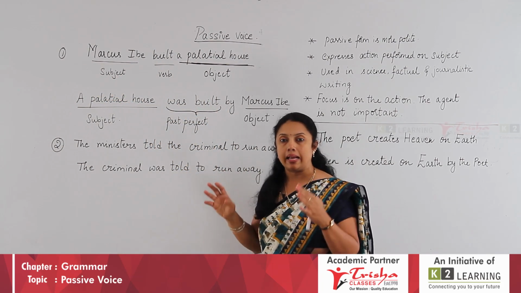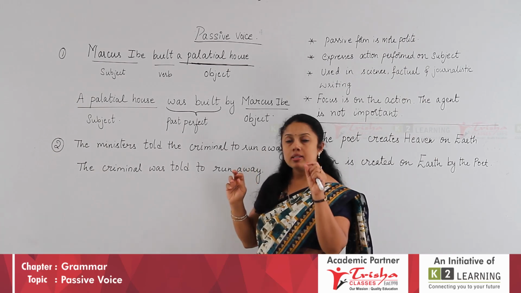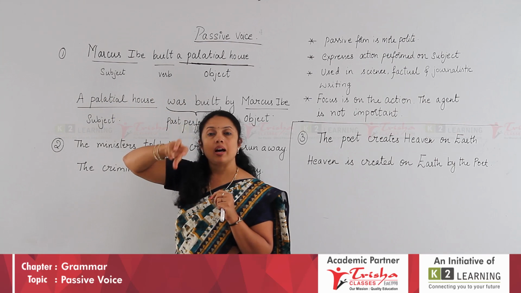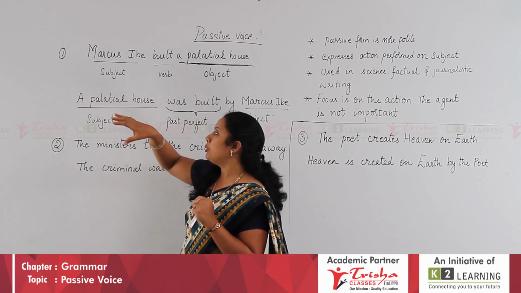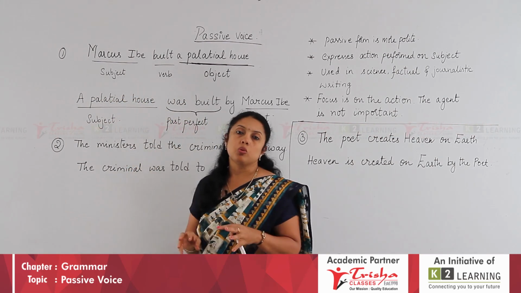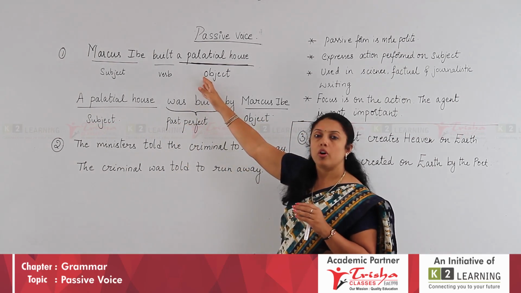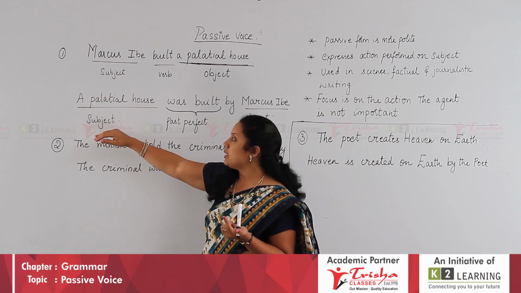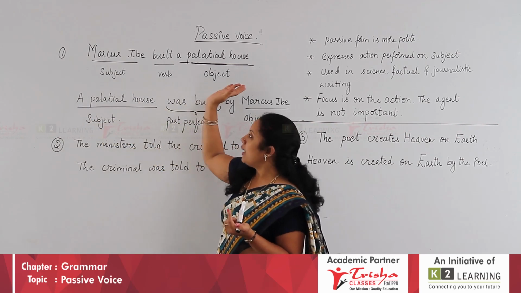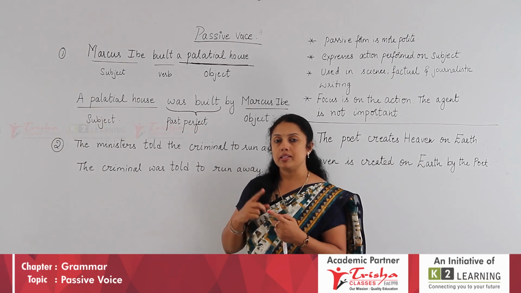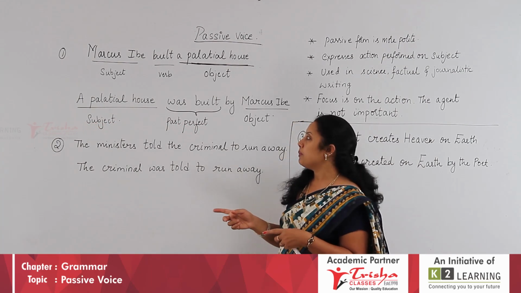He is sometimes neglected also. What is given importance here is what action was done, what work was performed on the subject. So whenever we change from an active voice to a passive voice, the subject and the object interchange and take their different places.